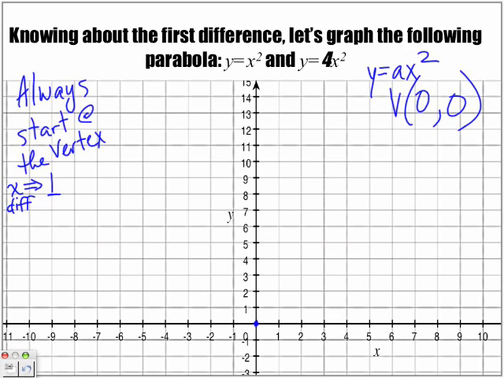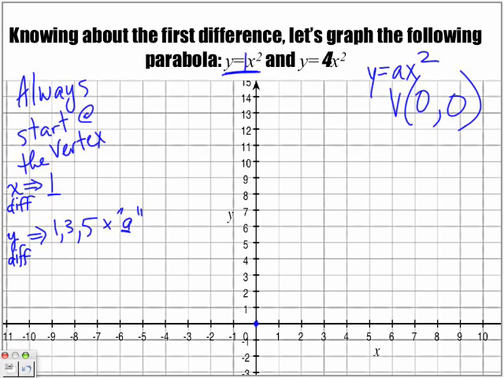Now the difference in y, we follow 1, 3, 5, but we multiply 1, 3, 5 by whatever our a value is. So here, in this example, y is equal to x squared, our 1, 3, 5 pattern is being multiplied by our a value, which is 1.